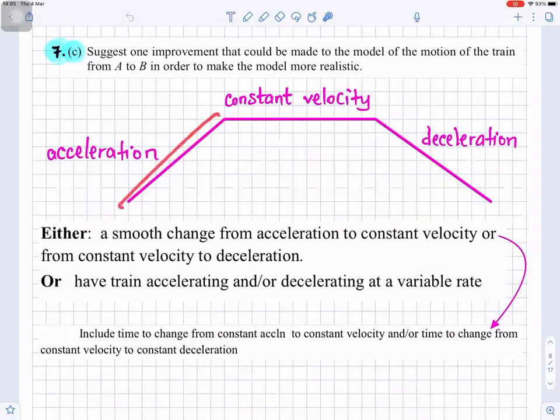So either a smooth change from acceleration to constant velocity or from constant velocity to deceleration, or have the train accelerating and or decelerating at a variable rate. So you want to include time to change from constant acceleration to constant velocity, and or time to change from constant velocity to constant acceleration.